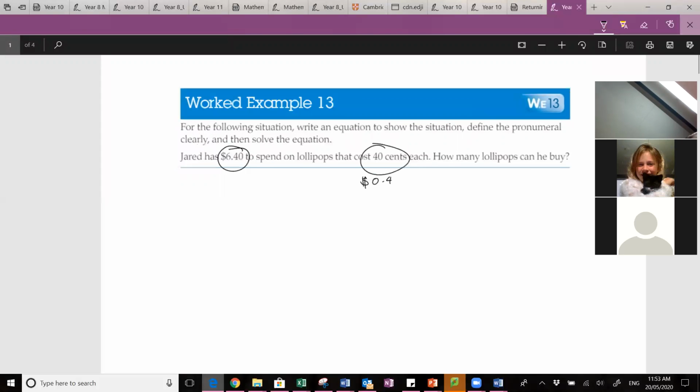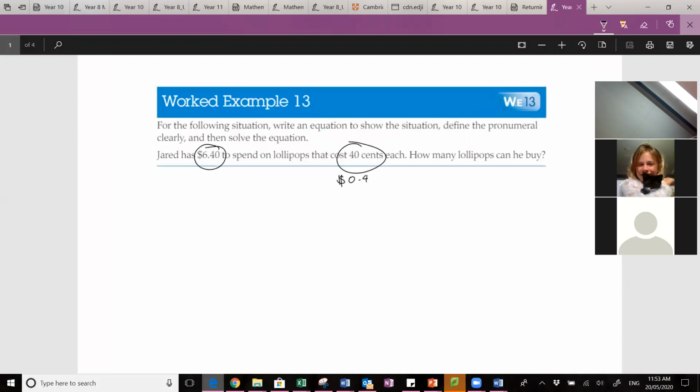Whatever works for you. Okay, so what we're figuring out is a situation where so many lots of lollipops times 40 cents is going to equal 640.